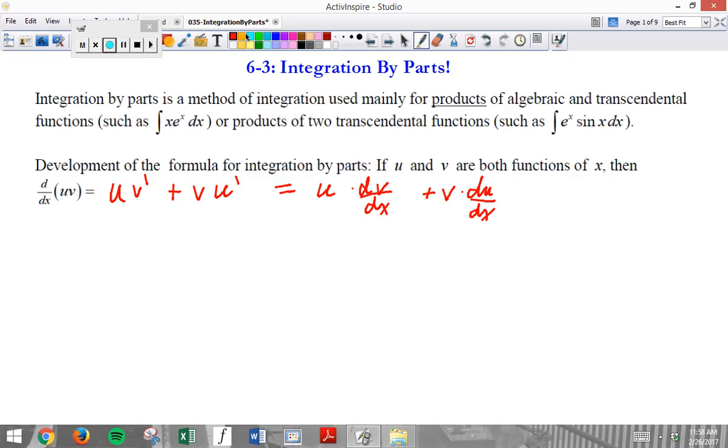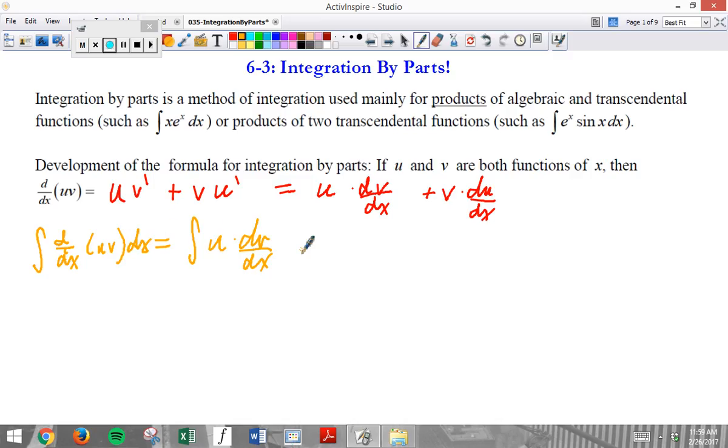So what we can do here is, since these two things are equal, their antiderivatives must also be equal. And the antiderivative of two things added together is the same as the antiderivative of the sum of those two things.